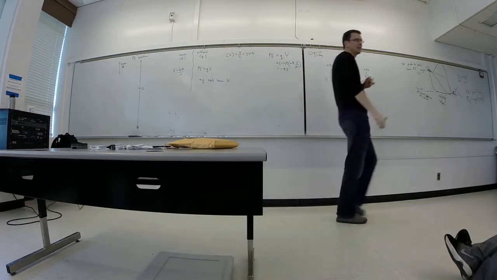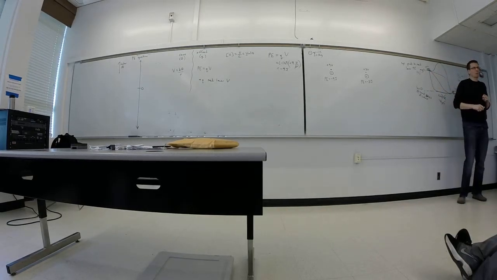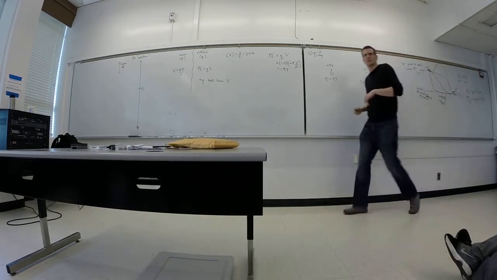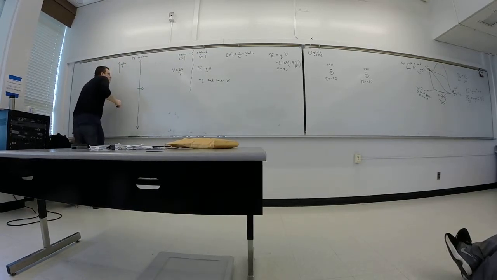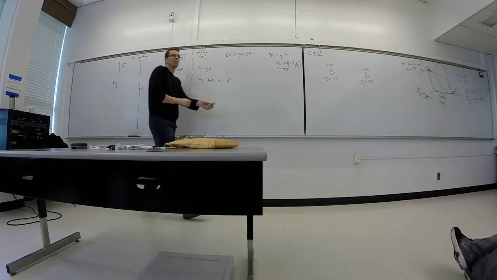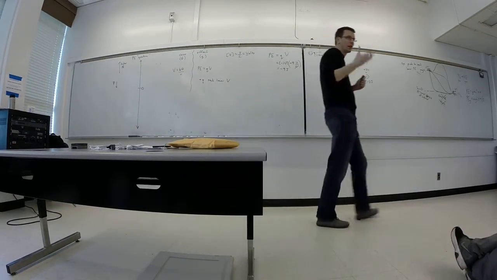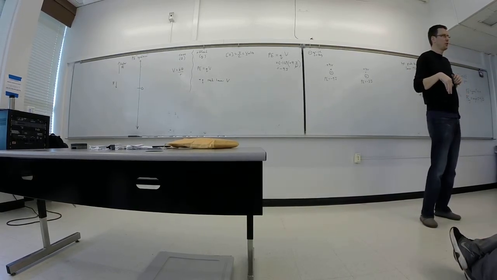And what we said was that all systems prefer to go to lower potential energy. Well, why is that? The force always points that way. So again, why does a ball fall down? Because the force of gravity pulls down.